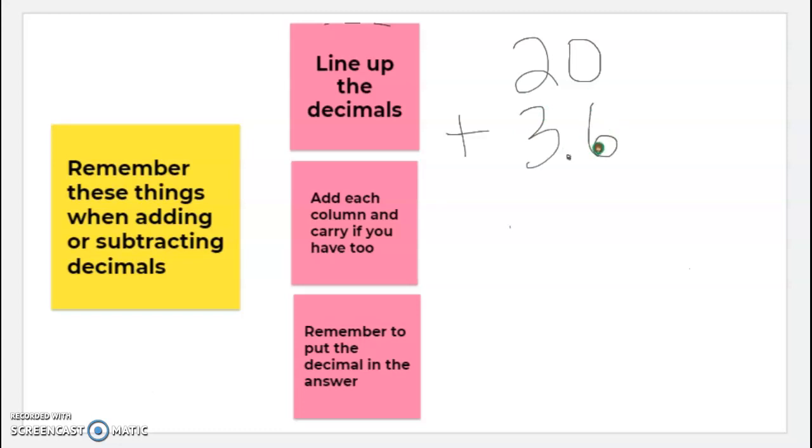Now I have to line up my decimals and I don't know where my decimal is on my 20. So remember that if you don't see a decimal, the decimal is invisible. It's just behind the ones column.